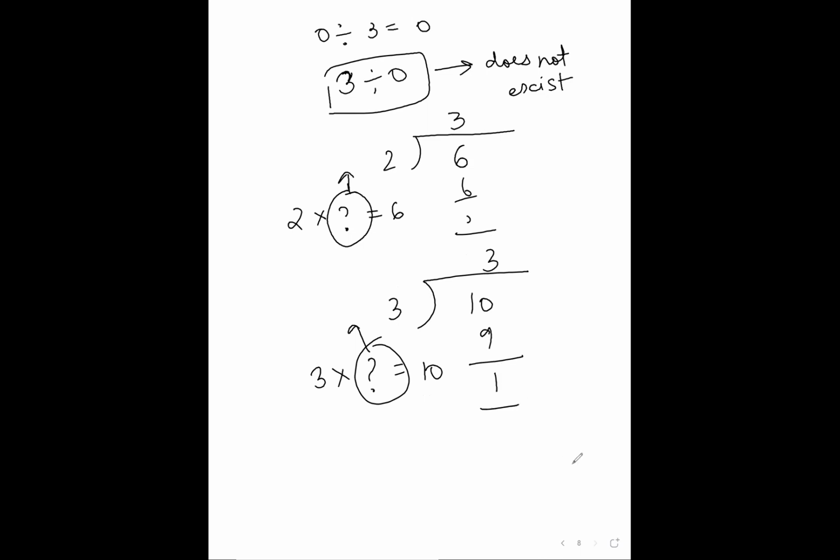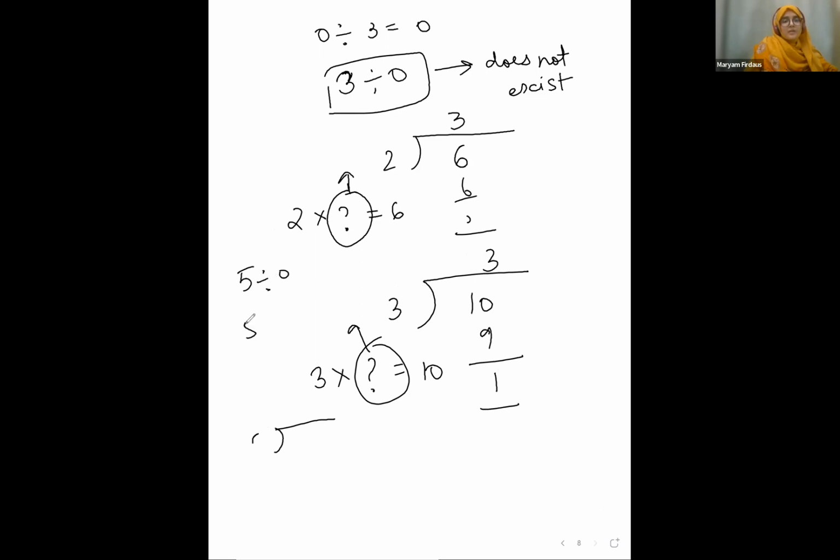1. Now if you try to do the same thing with 0, let's say 5 divided by 0, okay, that's going to be 5 by 0. So now can you tell me, 0 multiplied by what will give you 5?